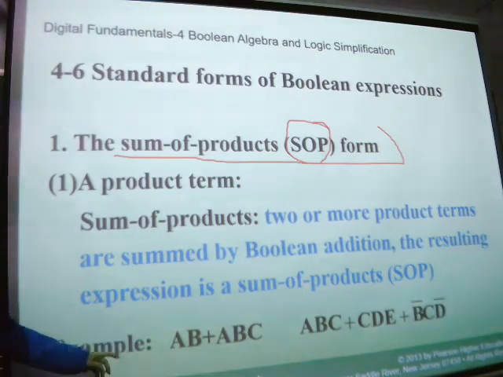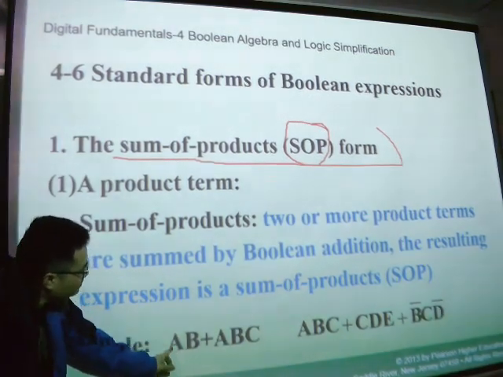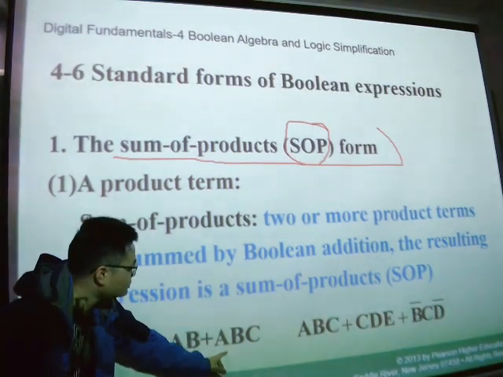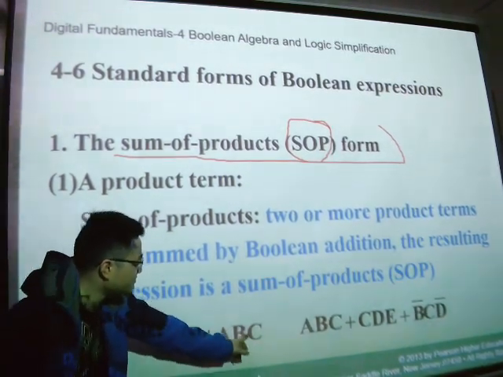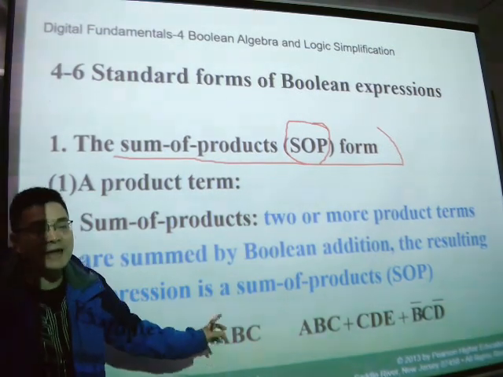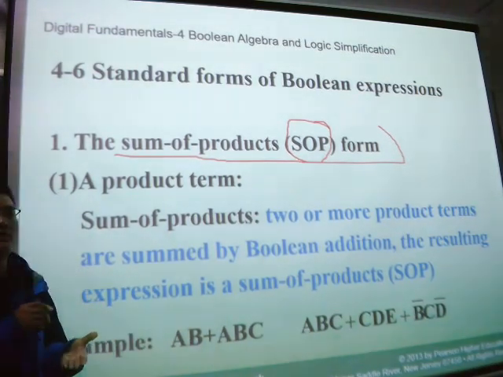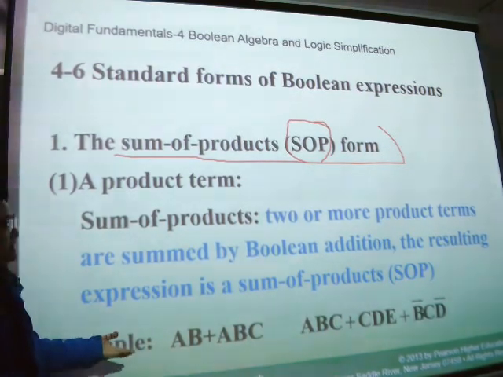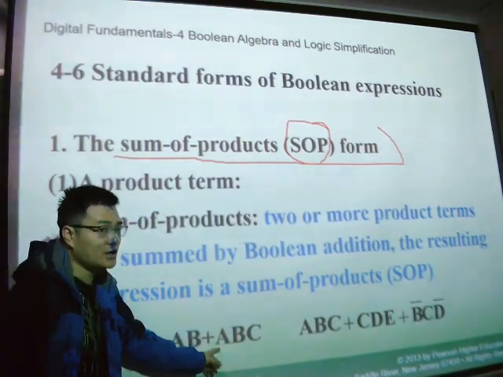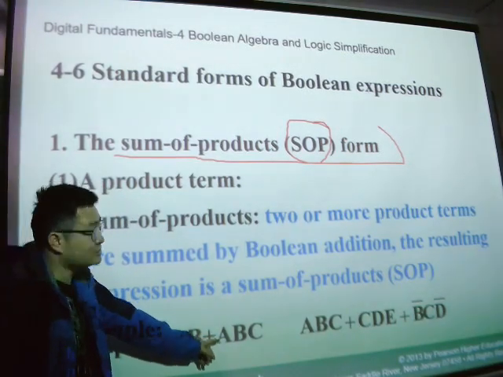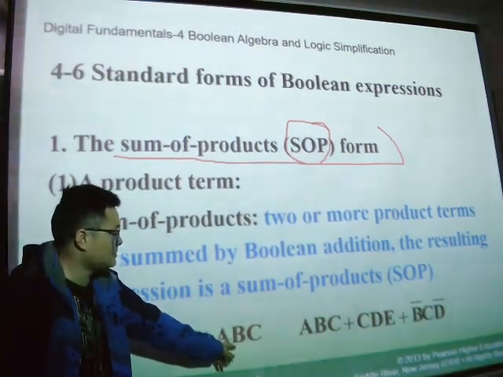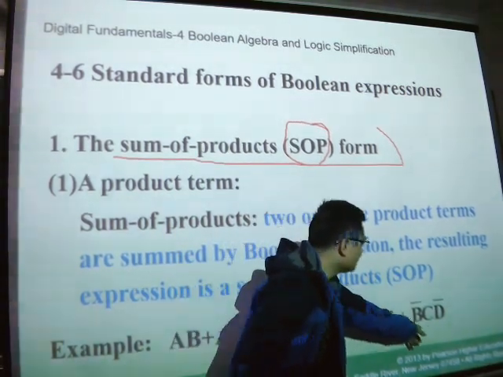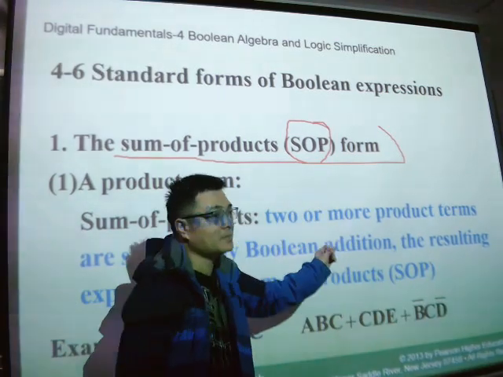For example, this term is a product term, right? This term is also a product term: A and B and C, product, is equivalent to multiply. So we can call this term a product term. This is also a product term.